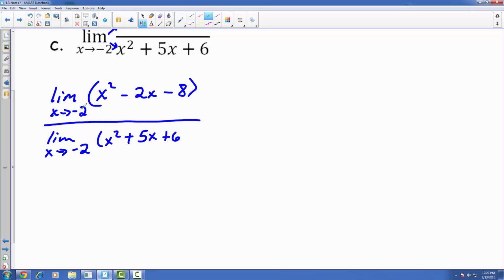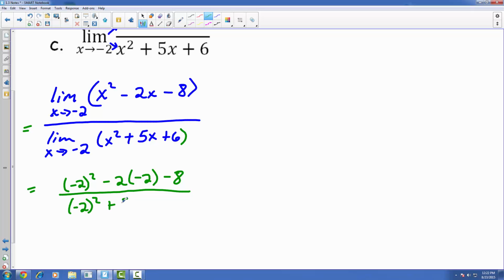So when we do that, we end up with -2 squared minus 2 times -2 minus 8, all over, this guy should have a parenthesis, (-2) squared plus 5 times -2 plus 6.